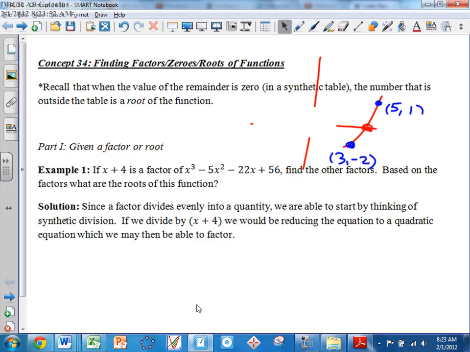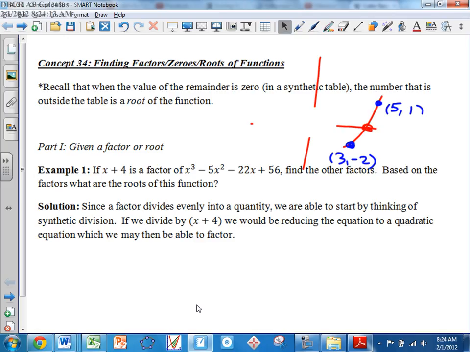All right. So today what we're trying to do is find those roots. Now, what I want you to recall is this. Can somebody just read the first note, the asterisk? When the value of the remainder is 0, we talked about this the other day.